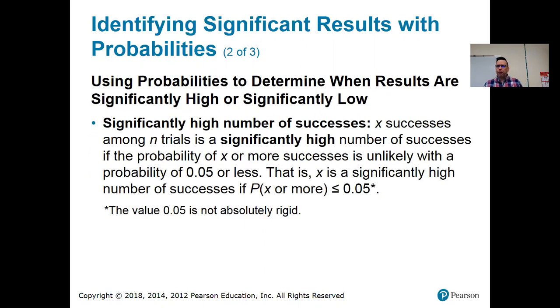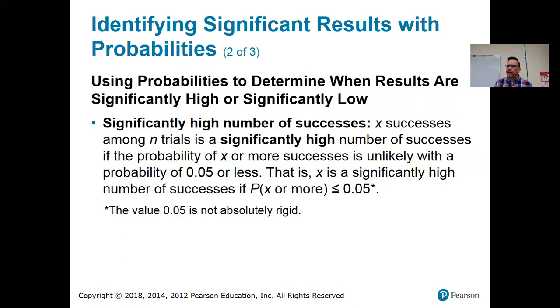Okay, using probabilities to determine when results are significantly high or significantly low. Okay. So when they talk about successes, the word success in probability means something a little different than what it means in everyday English. Probability of success just means the outcome that you're interested in. It may be a good outcome, it may be a bad outcome, it's just the outcome of interest, like rolling a 7, okay?